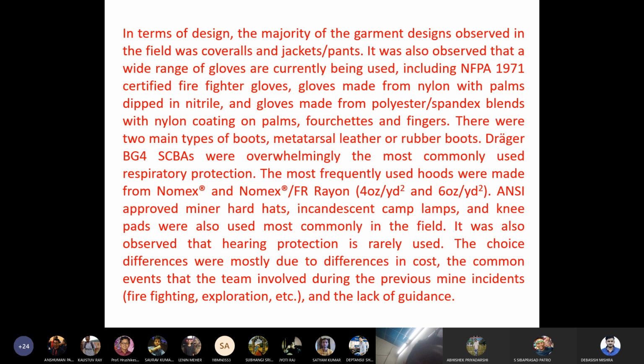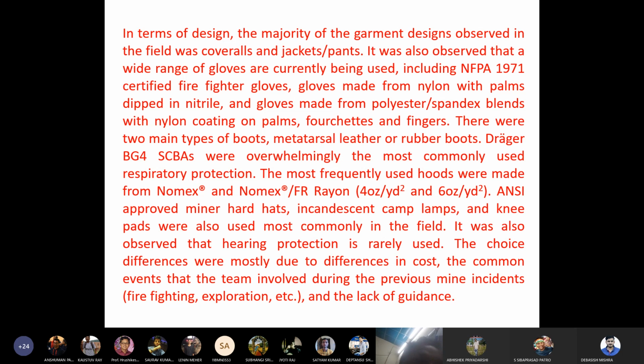In terms of design, the majority of the garment designs observed in the field were coveralls, jackets and pants.